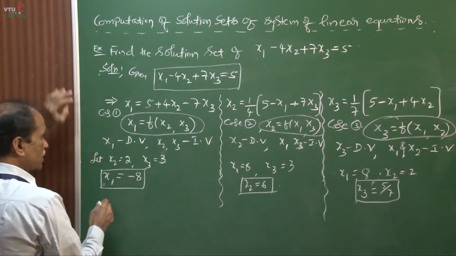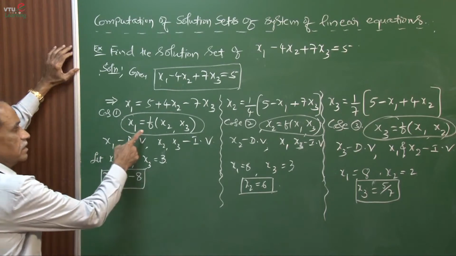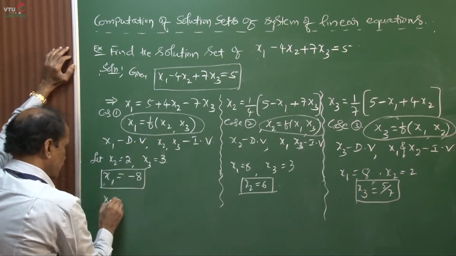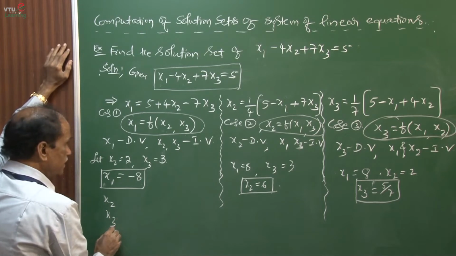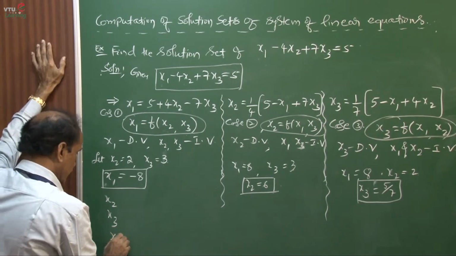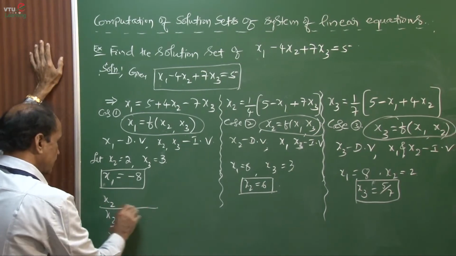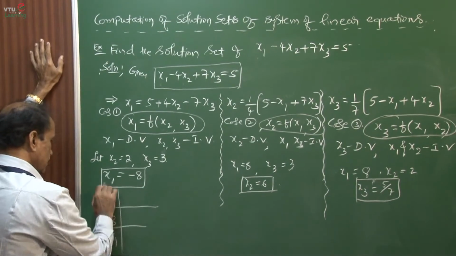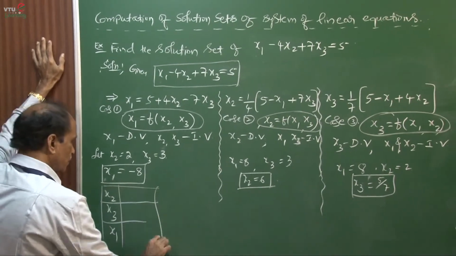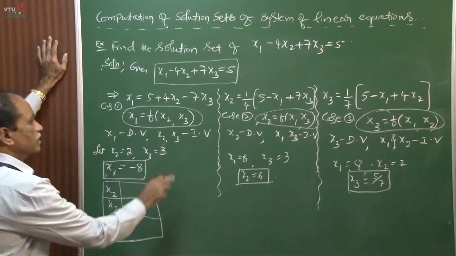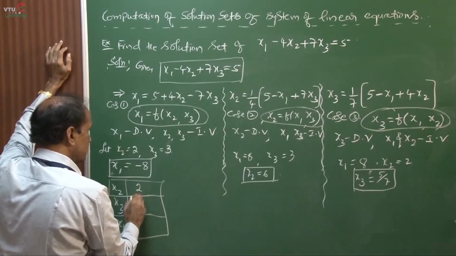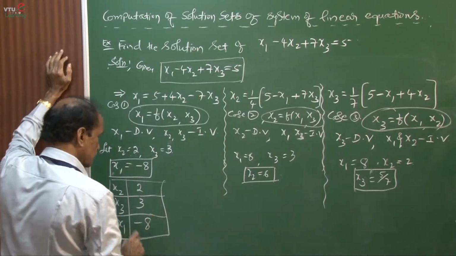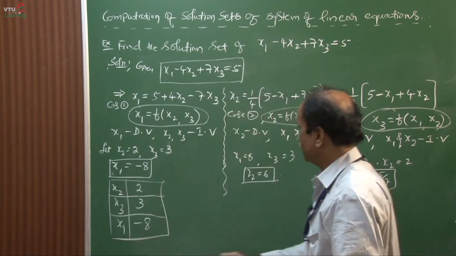So x2 and x3 are the inputs, and then x1. For the input, taking x2 as 2 and x3 as 3, I am getting minus 8. This is one solution set.